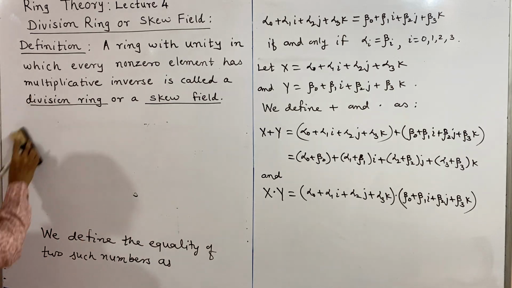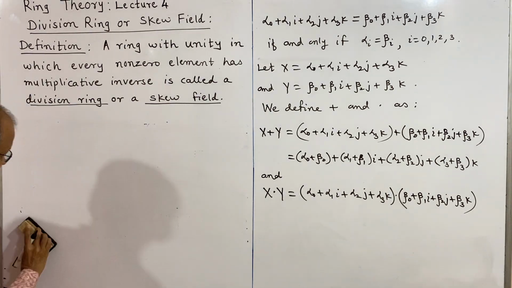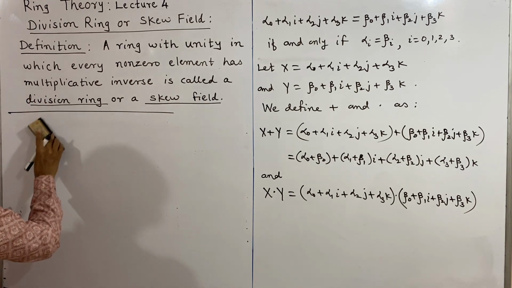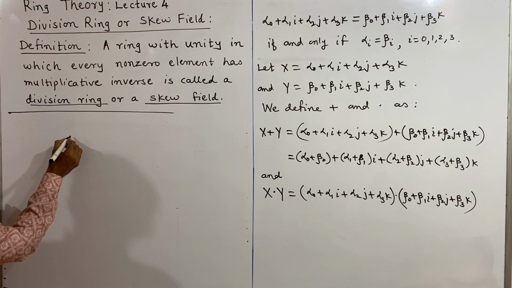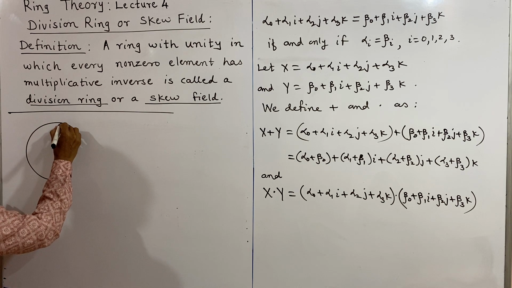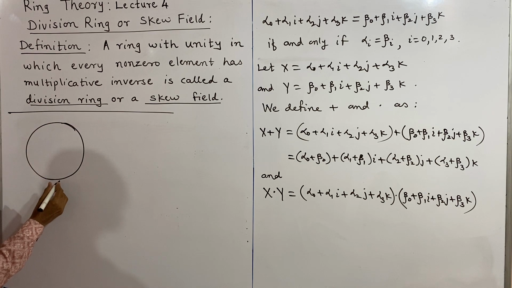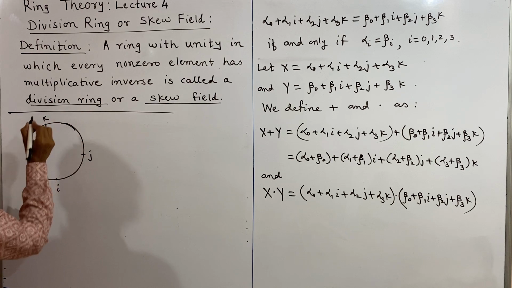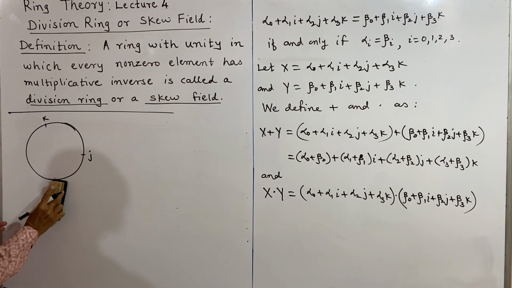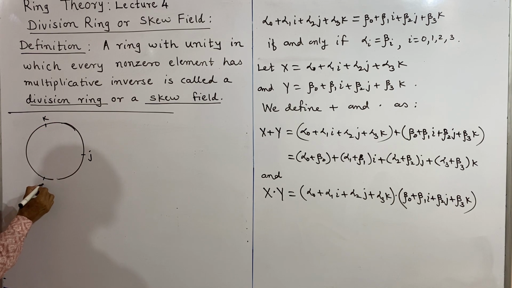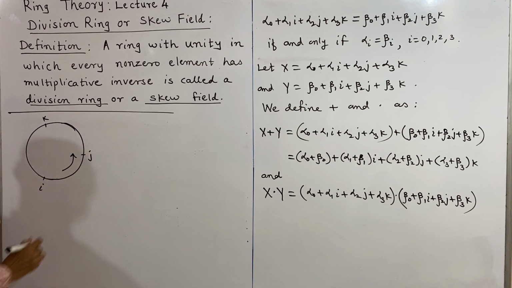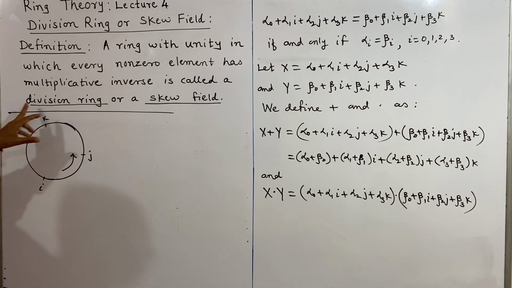I shall write here: the imaginary parts are I, j, k, and we consider a cycle or a circle, and the imaginary numbers we shall consider as I, j, k, say in clockwise rotation.